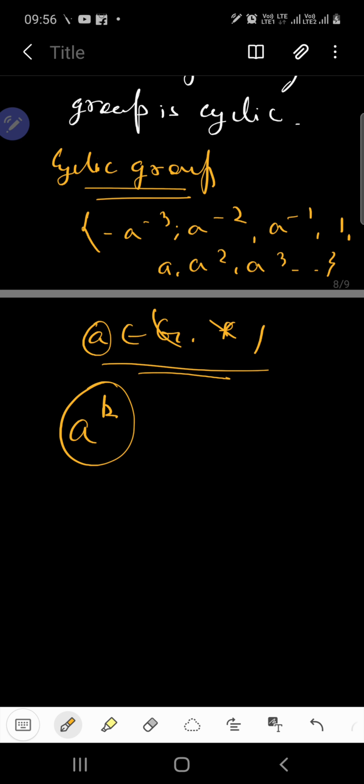So we need to consider the fact that there is some element a to the power s. We are just giving an example using the multiplicative group. So there is some element a to the power s which equals another element a to the power r. There can be many s such that a to the power s is equal to a to the power r. Getting my point?